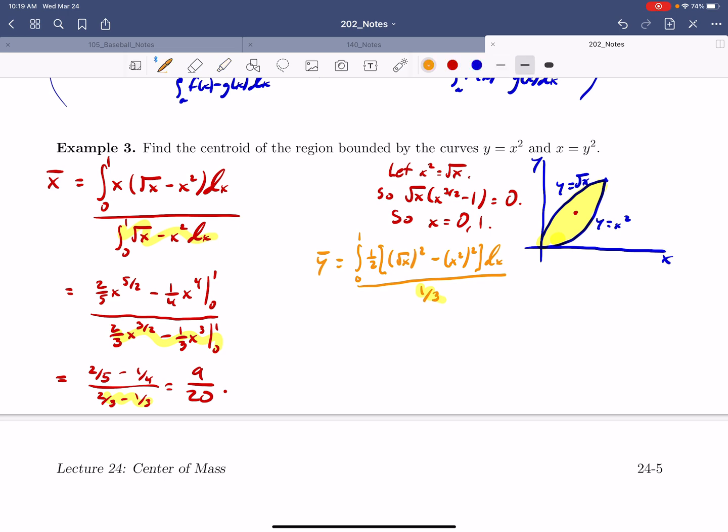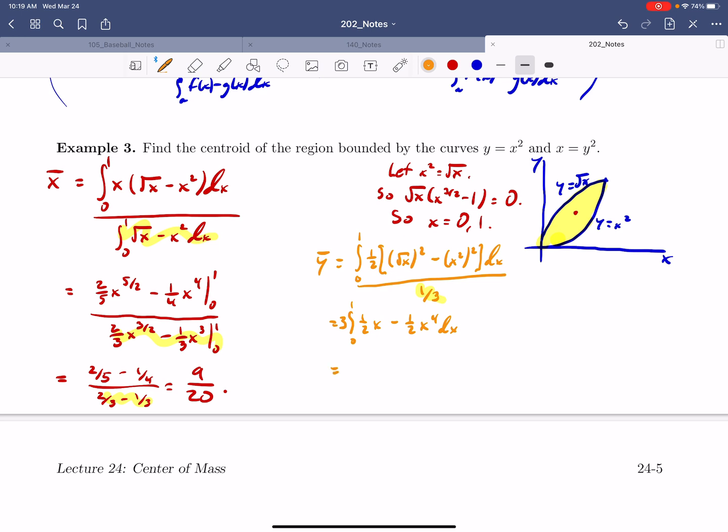So when we do this, we're going to get the integral from 0 to 1 of 1/2 x minus 1/2 x to the 4th dx. And really what we could do is multiply this integral by 3 instead of dividing by 1/3.